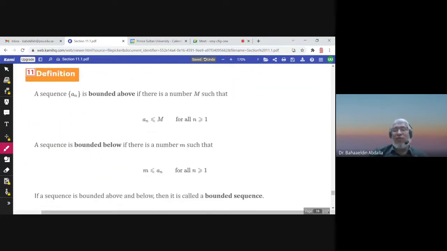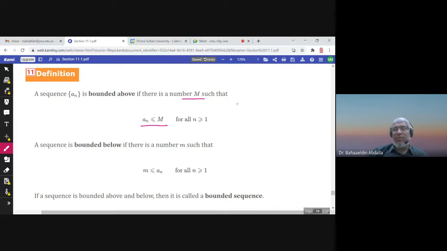Now, the definition of bounded above and bounded below sequences. A sequence is bounded above if there is a number M greater than or equal to all the elements of the sequence.